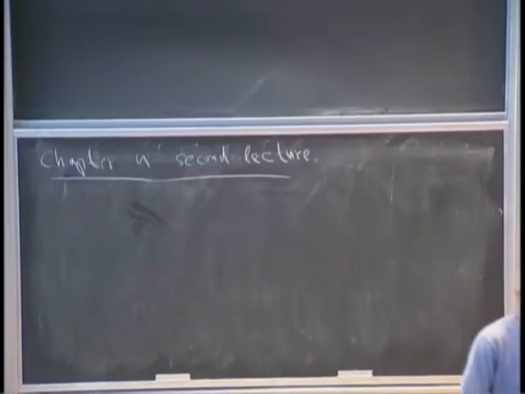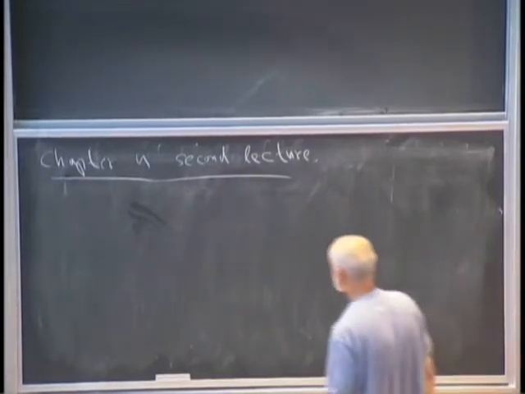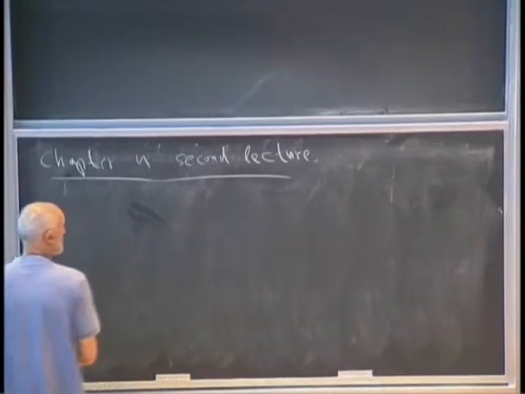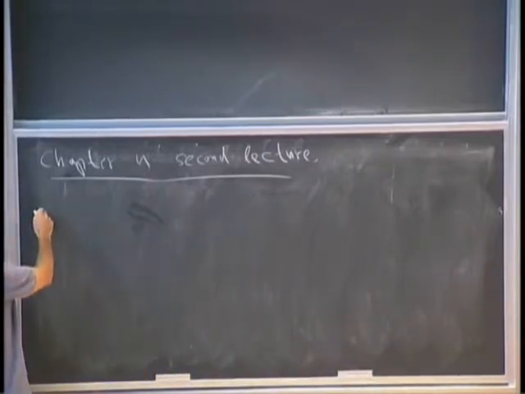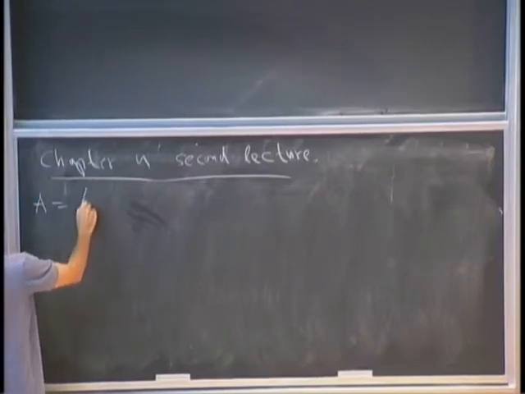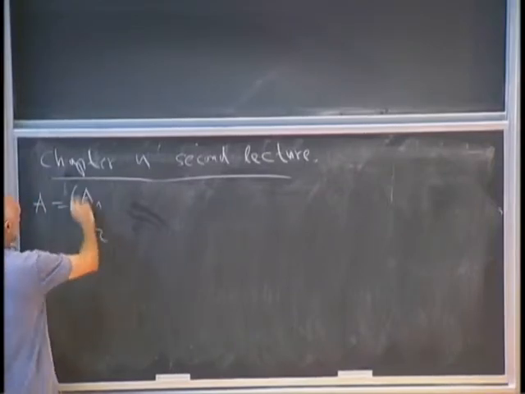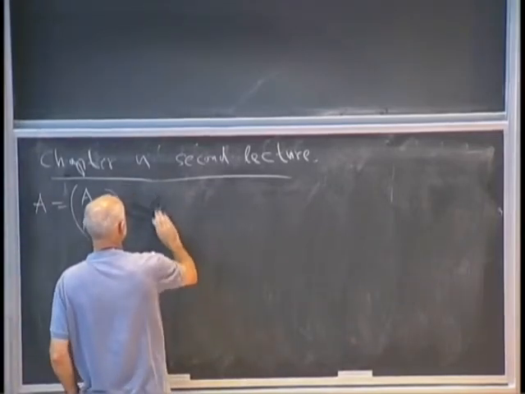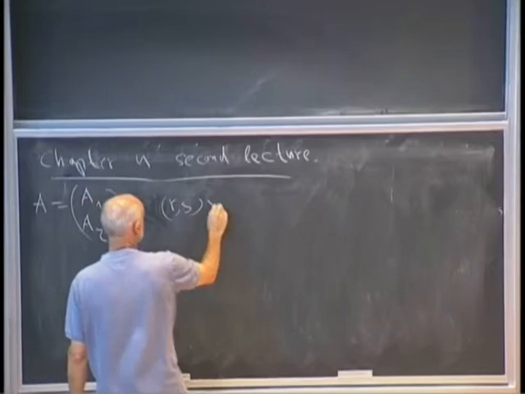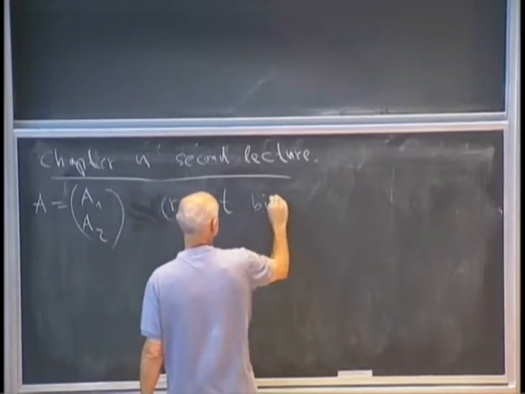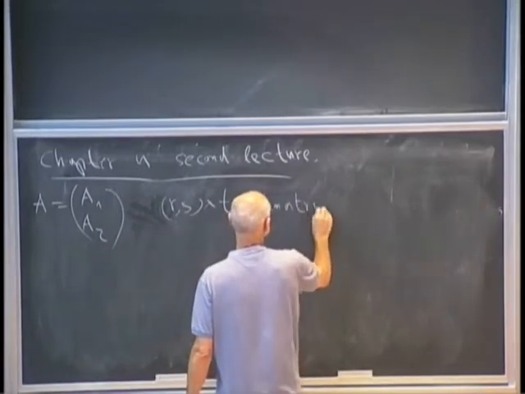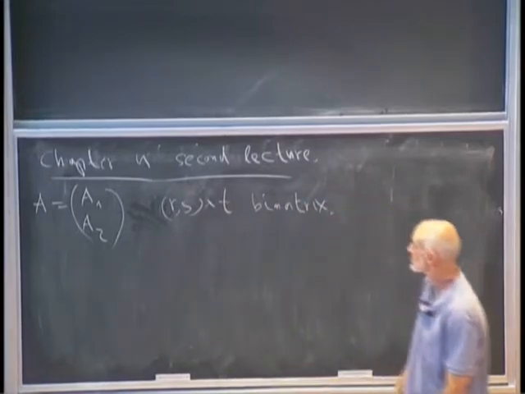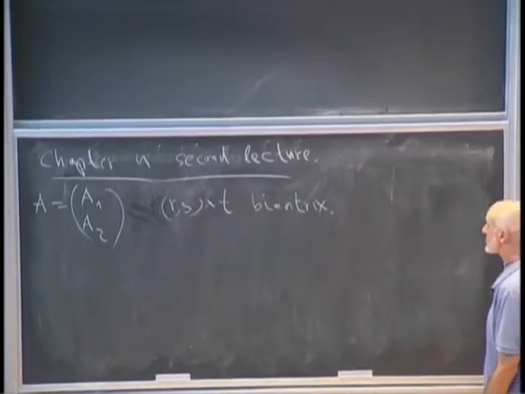So let me remind you what we've done yesterday. The main definition was the n-fold matrix. We start with a fixed bimatrix, remember, two blocks, R rows, S rows, and T columns.